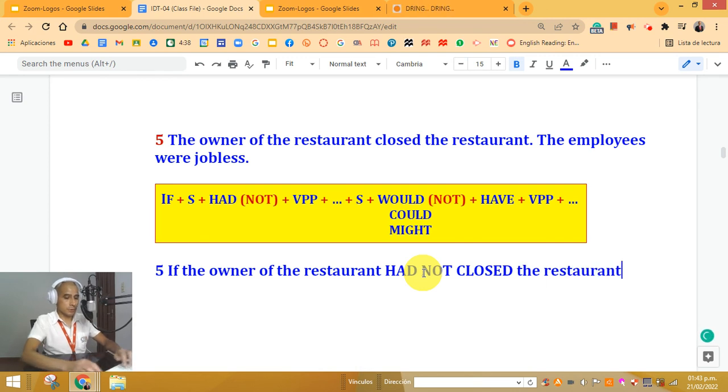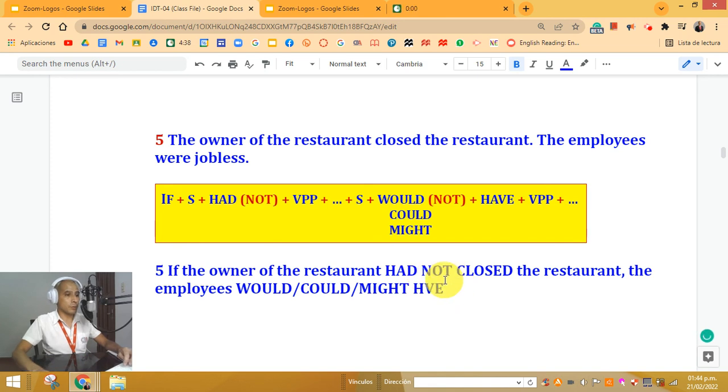the restaurant, comma, I need a subject. The employees, I can use would, I can use could, I can use might, plus have, plus the verb in the past participle. In this case, the verb in the past participle is the verb be. So might have been, and I put here jobless.